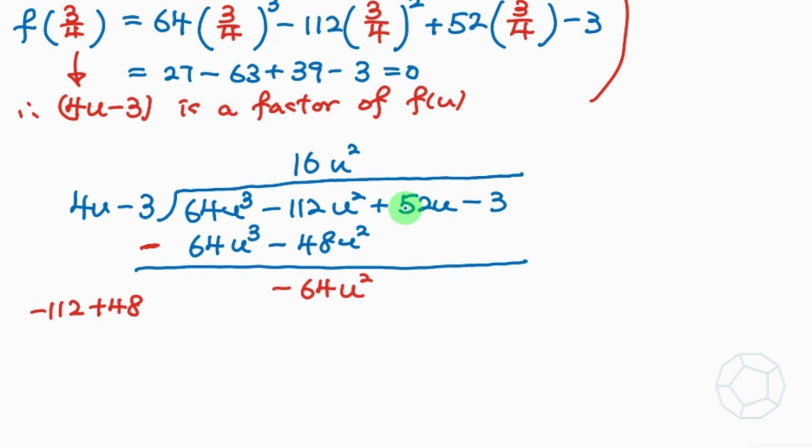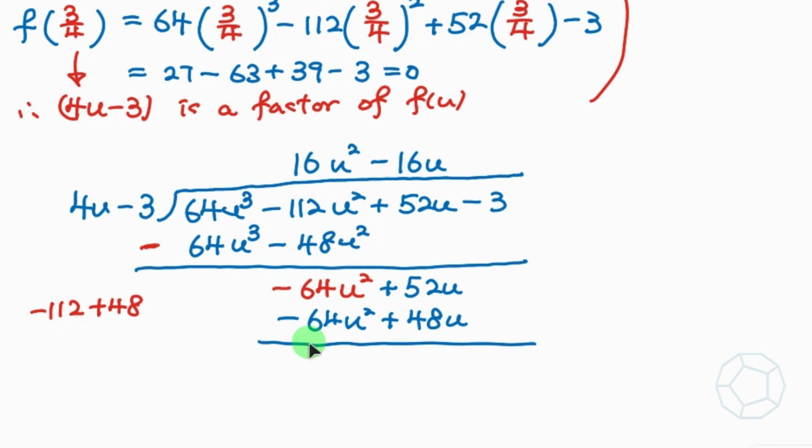Next, we bring the term 52u downwards, like this, and then continue the division. So for negative 64u squared, we should have 4u multiplied by negative 16u to get negative 64u squared. Next, negative 3 times negative 16u is positive 48u.